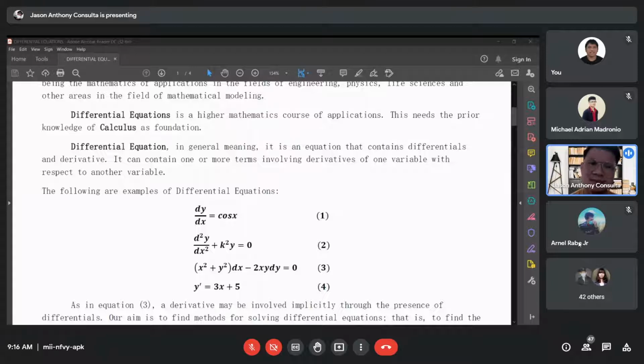Okay? Or it is the first derivative. The derivative of y with respect to x is equal to 3x plus 5. Okay? So how about if y double prime? Pag y double prime naman, the same siya dito sa second equation. It is the second derivative of y with respect to x. Okay?